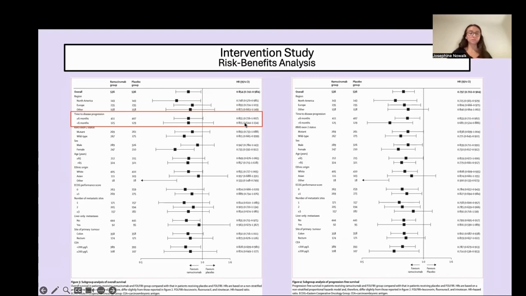Patients that had overall survival less than 6 months were at a higher risk versus those that had lived more than 6 months. And on the progression-free survival, we can see that for both patients who lived more than 6 months or less than 6 months, this line here was below 1, indicating that the treatment did work, that it did increase their progression-free survival.